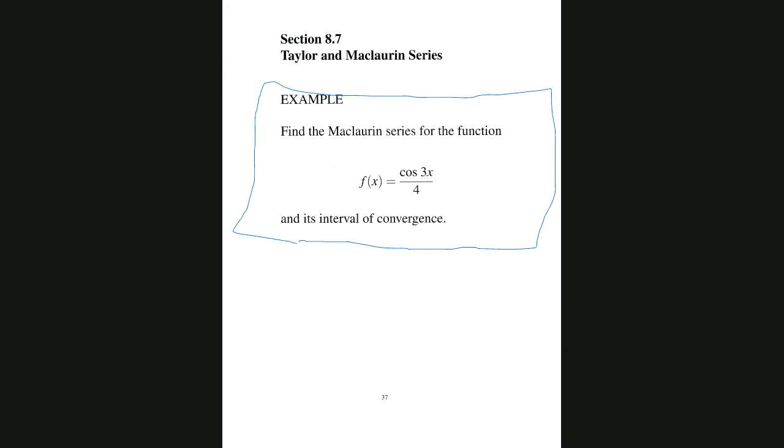Okay, so we want to find this interval of convergence. And I'm sorry, we want to find the Maclaurin series for the function. So in order to find a Maclaurin series, what must we compute for the function? What's necessary for a Maclaurin series?